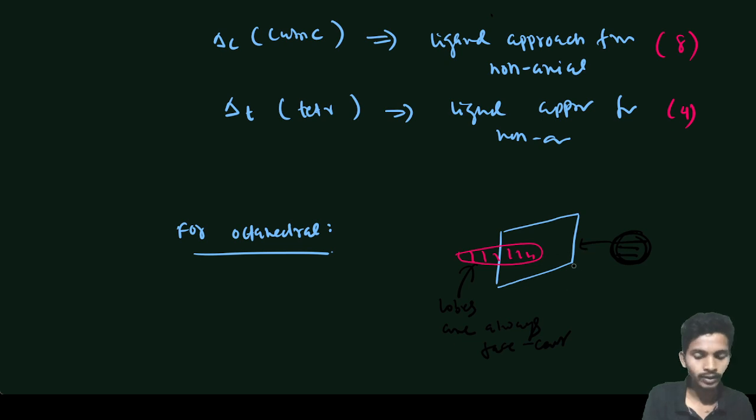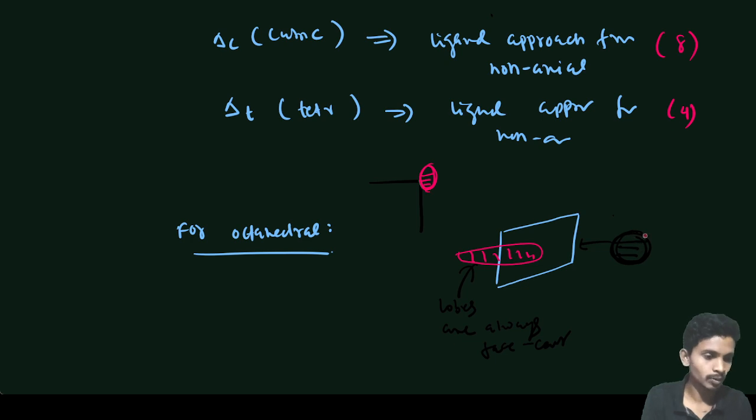So the angle between them is, let's say, theta. And for tetrahedrals, ligands are always at the edge centers.